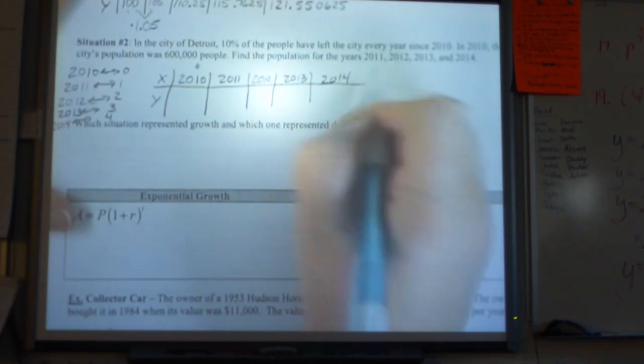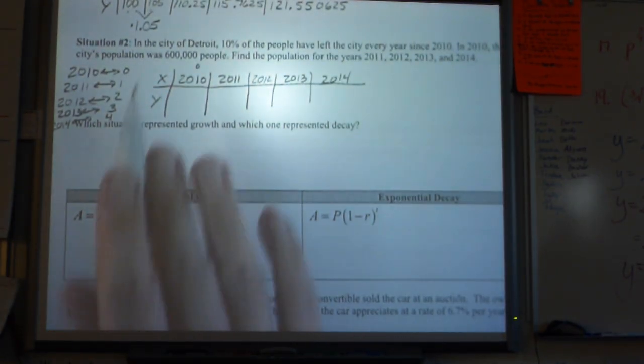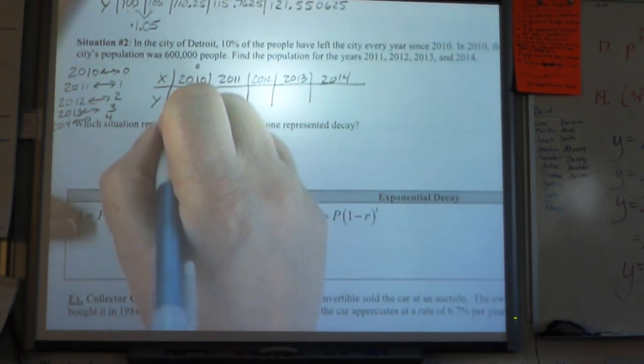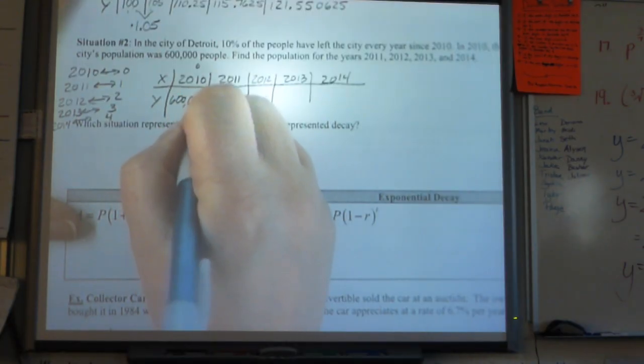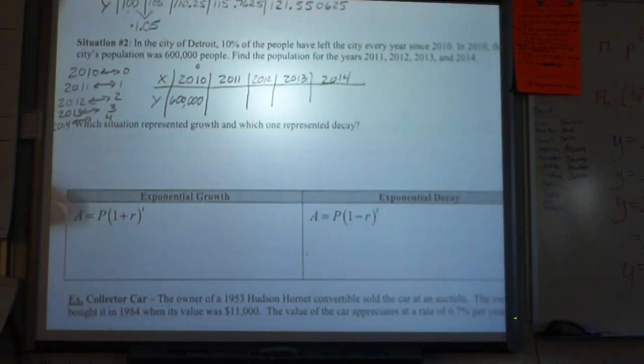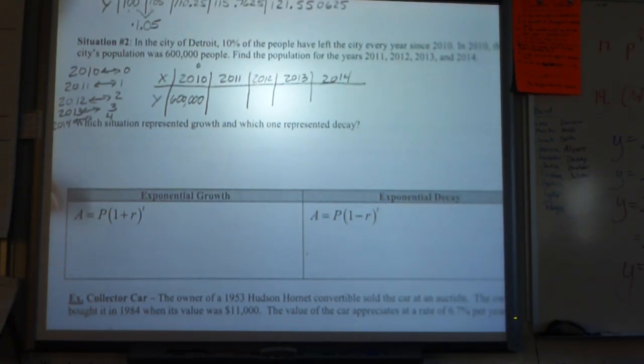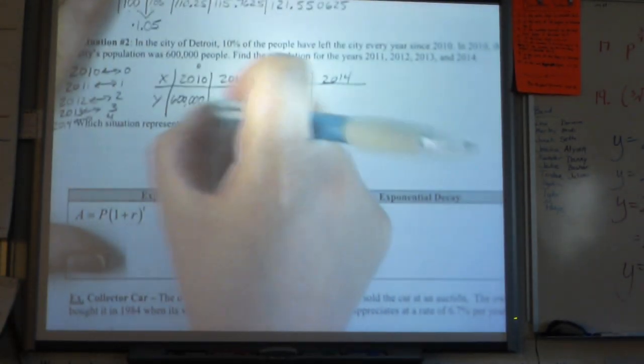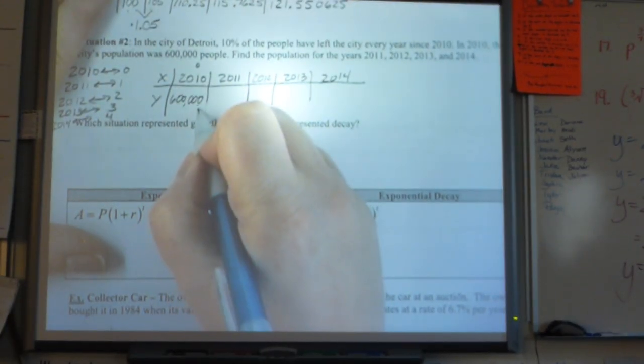Okay, so in the beginning, our population was 600,000 people. And then it's declining enrollment. So after the first year, we have 10% of the people left. If 10% of the people left, what percentage of the people are remaining? Good, 90%. So I want to know what 90% of 600,000 is. So I'm taking that 600,000 and I'm multiplying it by 90%.